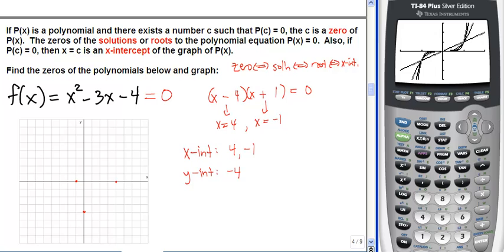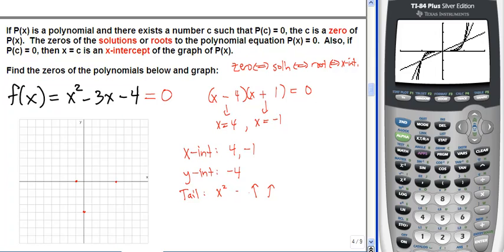Now once you've found your intercepts and you have your polynomial function, it's always a good idea to consider that tail behavior as well. This has a leading term of x squared, which is a positive coefficient, and since that's an even power with a positive coefficient, the tail behavior would be up, up on both sides.